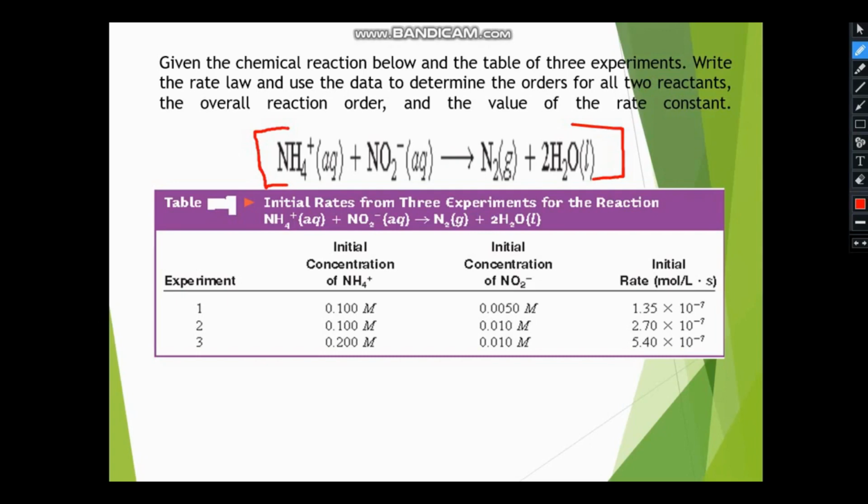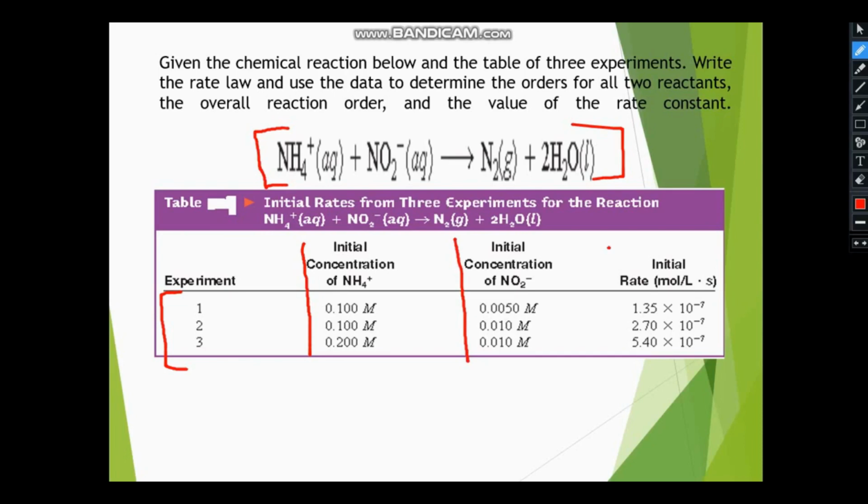So we have the 3 experiments which have been shown on this table. Now this table is showing us the initial concentrations of the reactants. So you can see here we have the initial concentrations of NH4 plus in all the 3 experiments. Then this shows us the initial concentration of NO2 minus in all the 3 experiments.